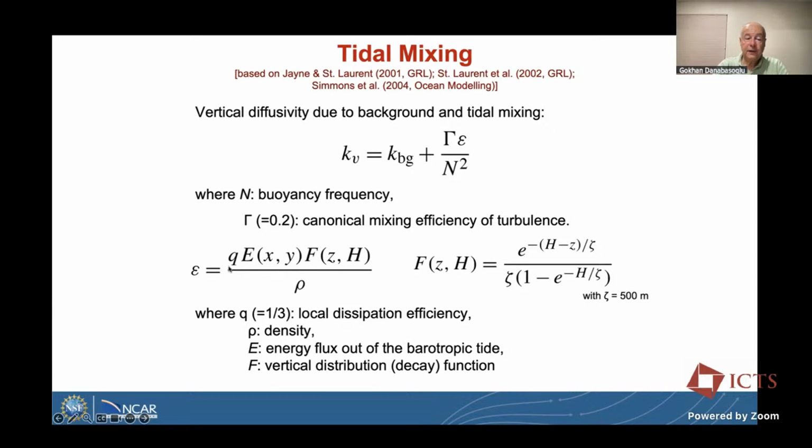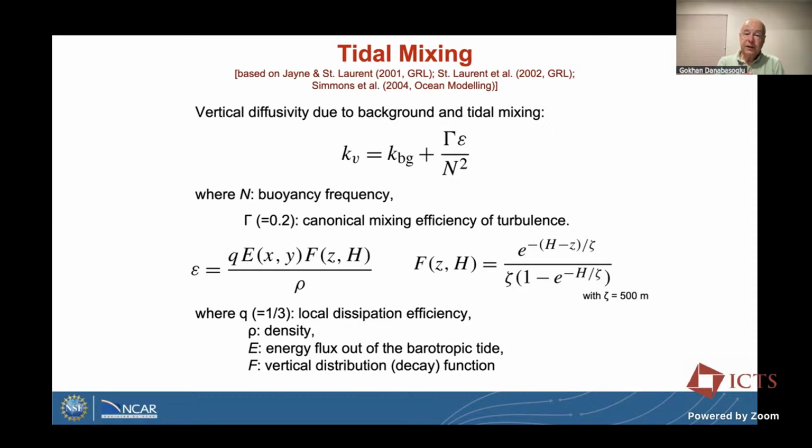There's the ocean density. There's another mixing efficiency, or local dissipation efficiency. F is a vertical profile for the energy distribution, and E represents energy flux out of the barotropic tides, or energy available for dissipation.